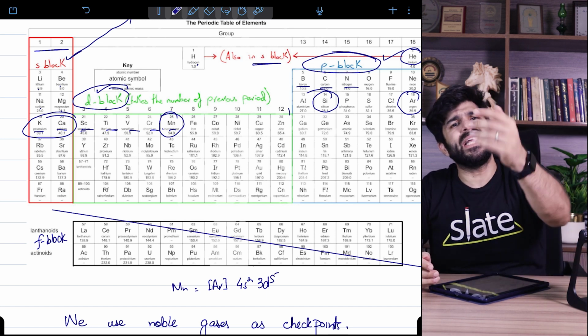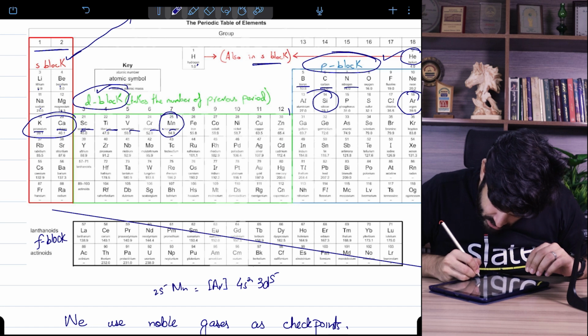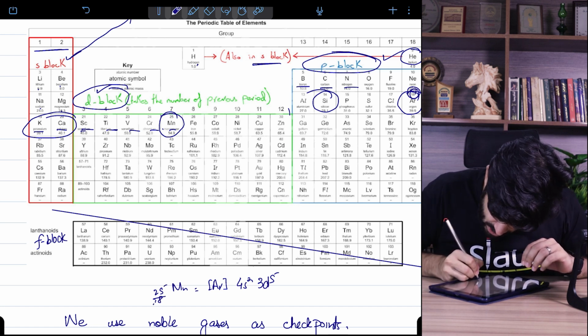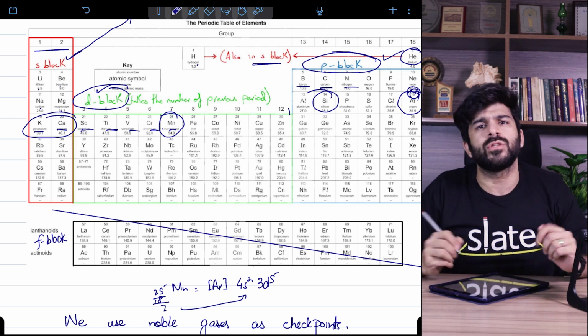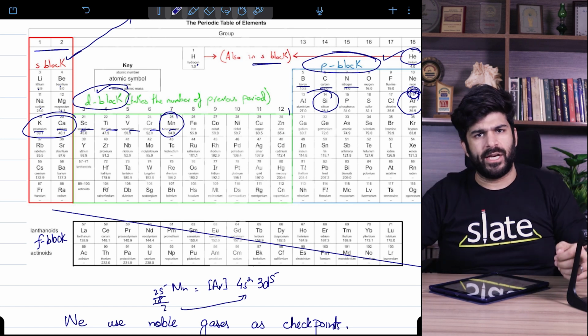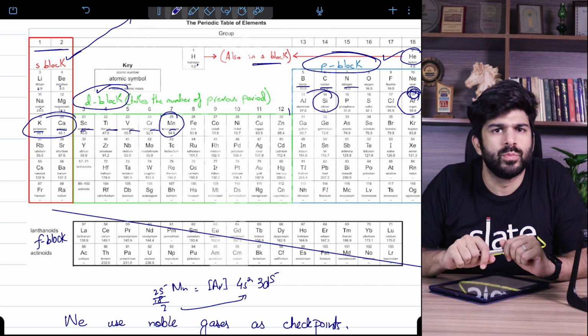You can do that easily as well. या आपको पता है manganese has 25 electrons. इसमें से 18 तो argon के चले गए. बचे 7. 7 को divide कर दो. So that is how you can make a shorthand configuration that is required of you. That is what the examiner wants you to do.